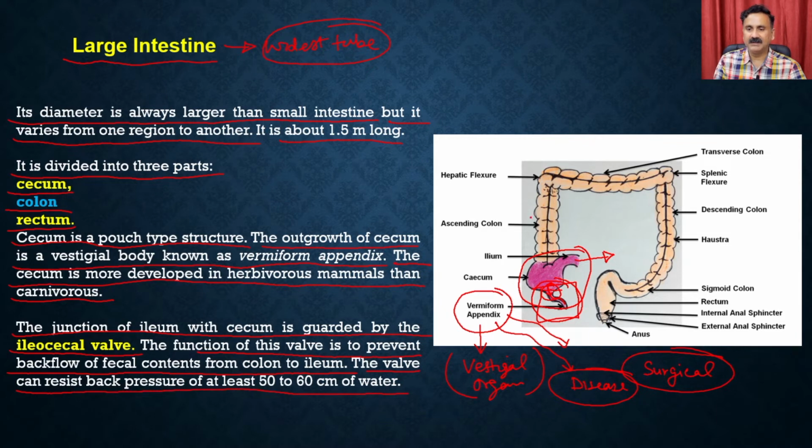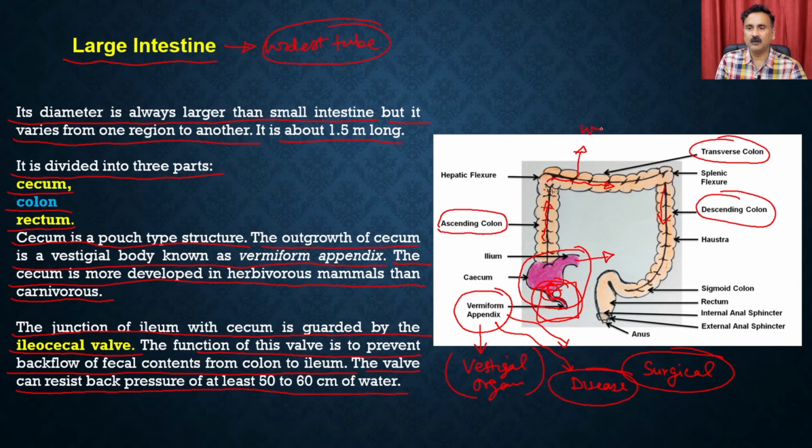So, cecum is then connected to the colon, and the colon has three parts. You can have the ascending colon, the transverse colon, and the descending colon. This colon is the part where the undigested food material is present, and that undigested food material travels through these three tubings, and during this process the water is absorbed from the undigested material.